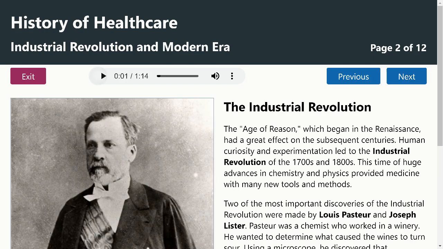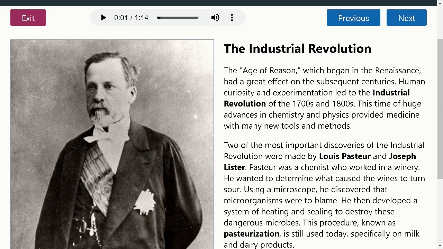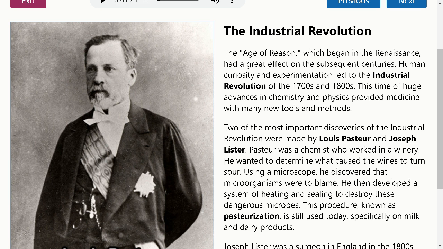The Industrial Revolution, also known as the Age of Reason. It began in the Renaissance and had a great effect on the subsequent century.